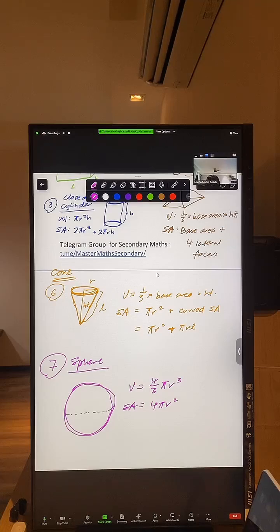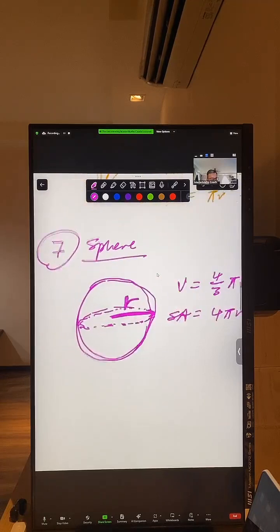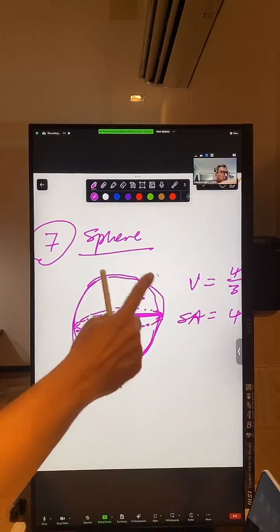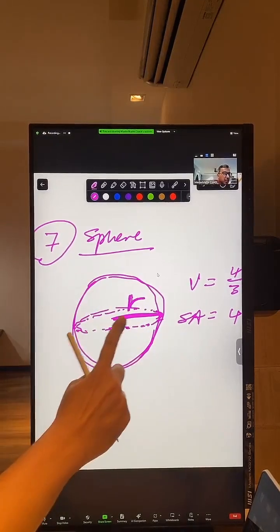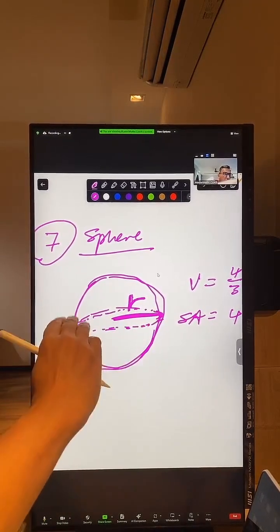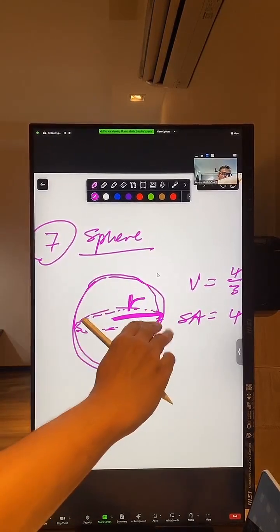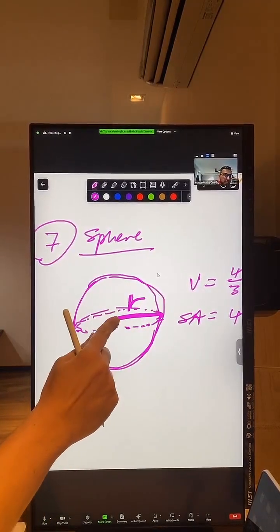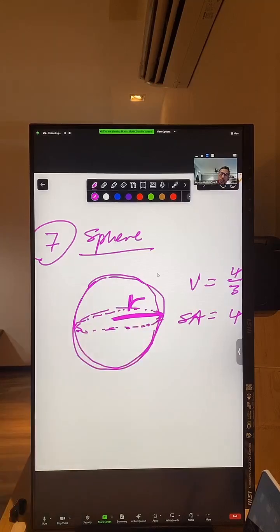because this ball also has a radius. If I were to draw the inside of the sphere, this is your radius. Can you see that? Zoom in. This is the sphere. On the inside, if I cut the sphere into half, this is the radius from the center all the way to the end.